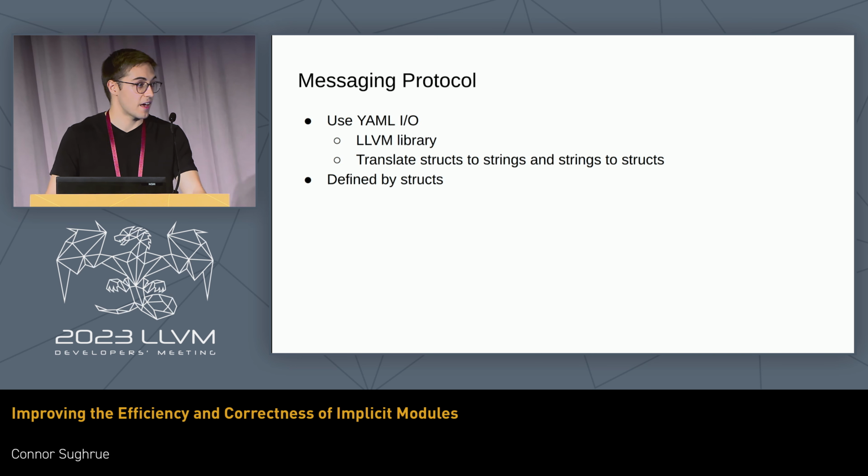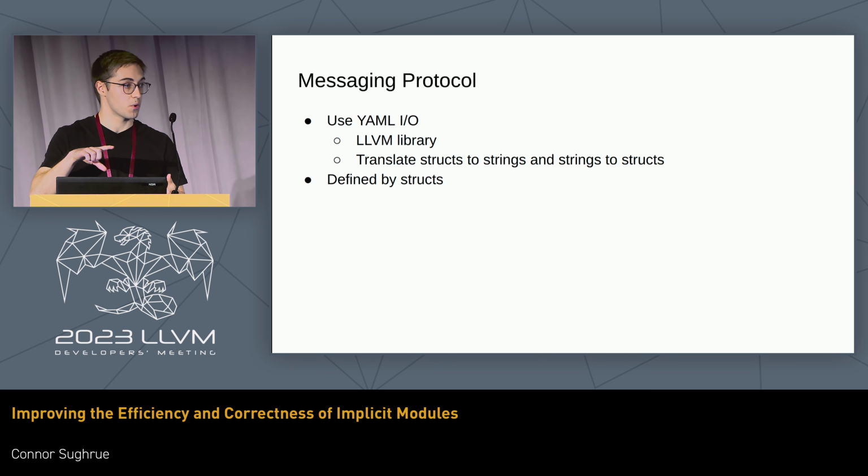We do that using the LLVM library YAML I/O. Great library, fantastic. What it allows you to do is translate structs into YAML documents. How we use it for this project is we define the message protocol as structs and convert those into strings, which get written as a bit stream out to the Unix socket file descriptor.